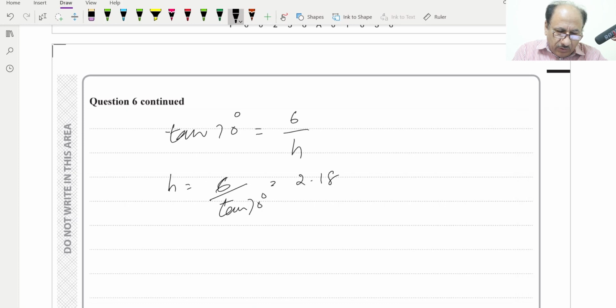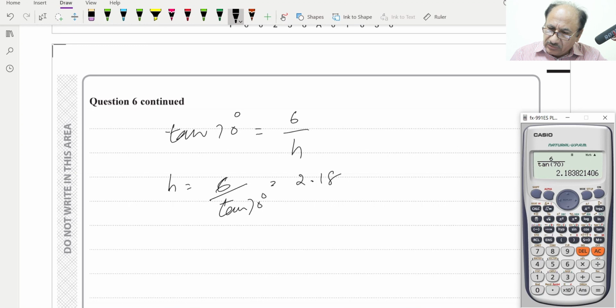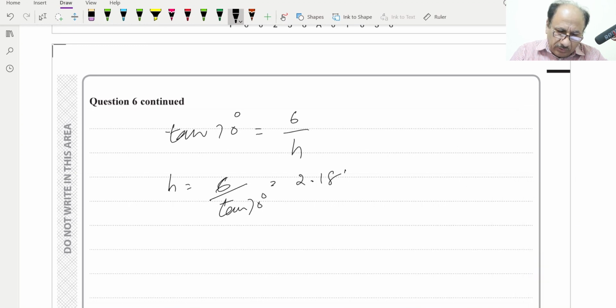So 2.18, and the next number is 38, so we will write 2.184. So this is basically the additional height.